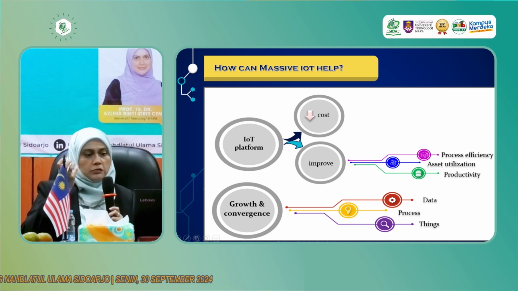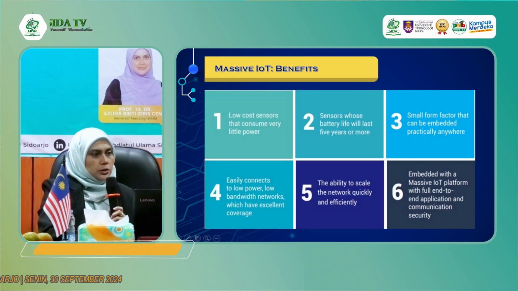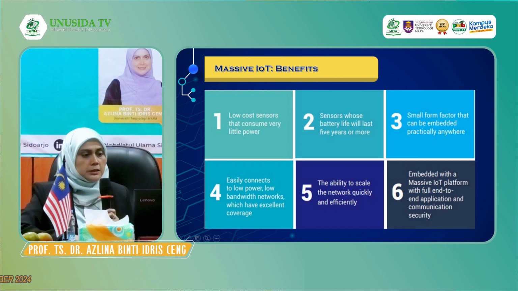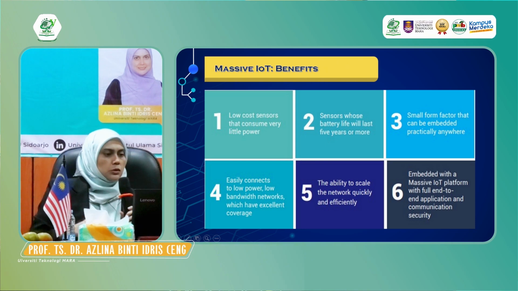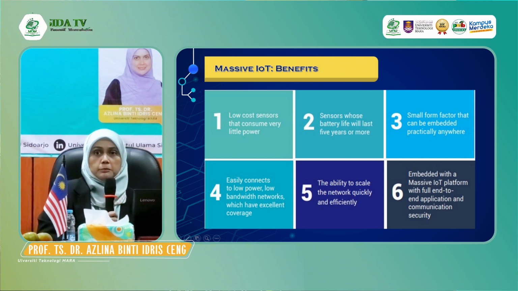So the benefits of massive IoT, there are 6 benefits of using massive IoT. The first one is low cost sensors that consume very little power. So that means low cost with low power, just only consuming very little power.